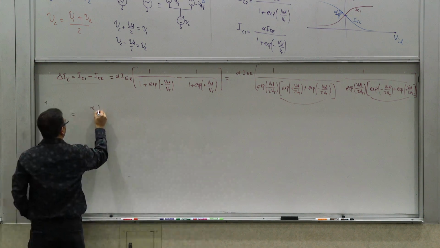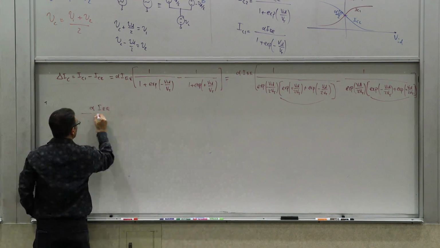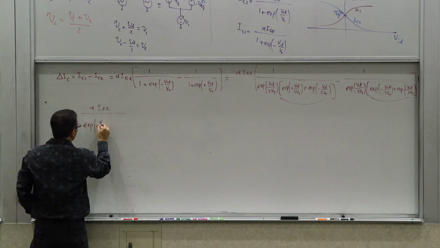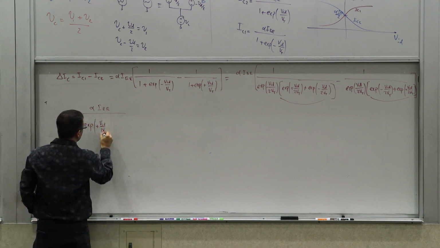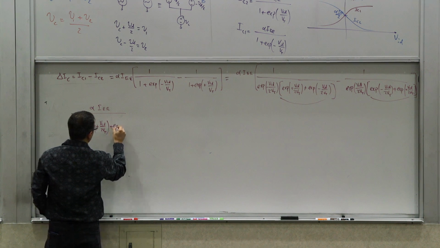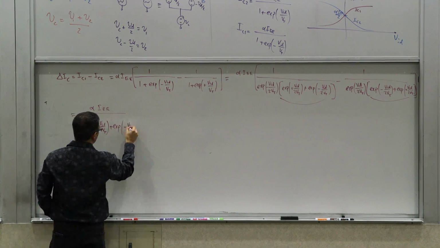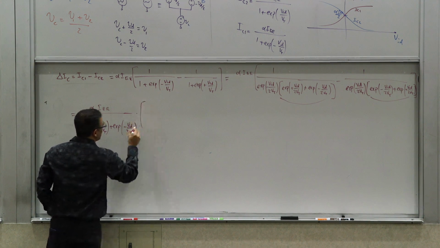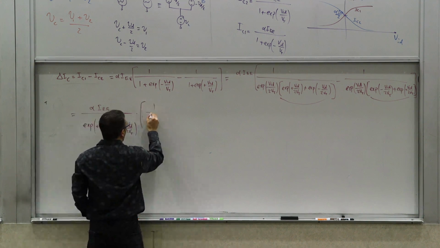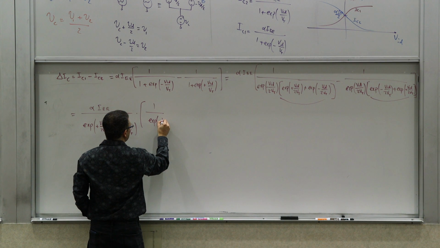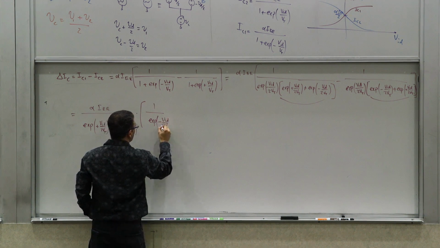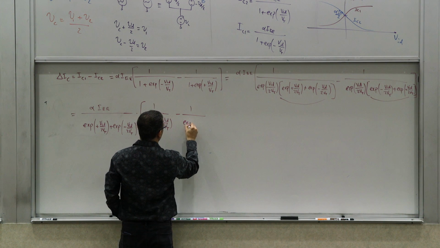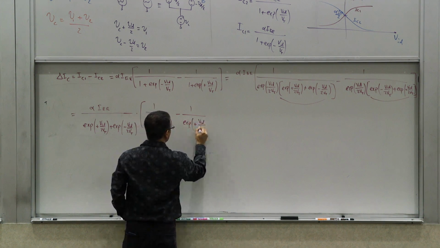So we are going to have alpha I_EE divided by e to the positive V_ID over 2V_T plus e to the negative V_ID over 2V_T times whatever is left. What is left? So it's going to be 1 over e to the negative V_ID over 2V_T minus 1 over e to the positive V_ID over 2V_T.